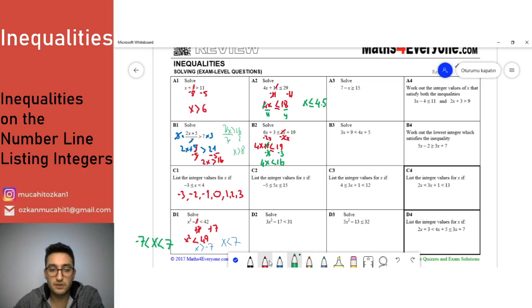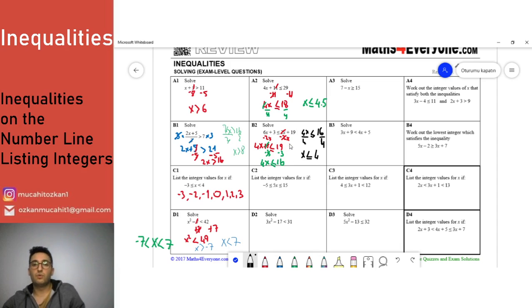And the next step is I need to divide both sides by 4. By the way, this is the less than or equal to sign. If we divide both sides by 4 right here, then x is less than or equal to 16 divided by 4, which is 4.